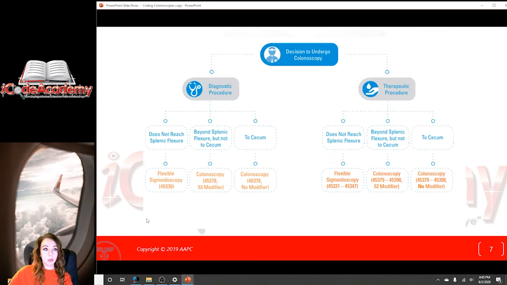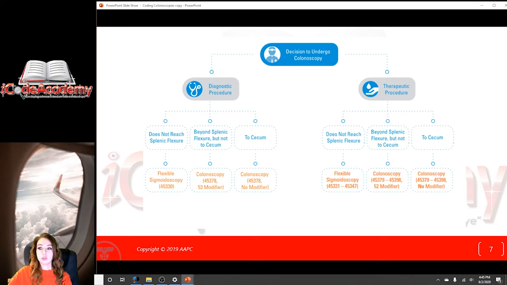All right, I also want to pull up the colonoscopy decision tree. If you Google colonoscopy decision tree, there's going to be a few different versions that are floating around there. And you also have a version that is reflected in your CPT manual. And so here we can see that a patient comes in and the provider says, you need a colonoscopy. Now, the provider is going to determine if it is therapeutic or if it's going to be a diagnostic colonoscopy.